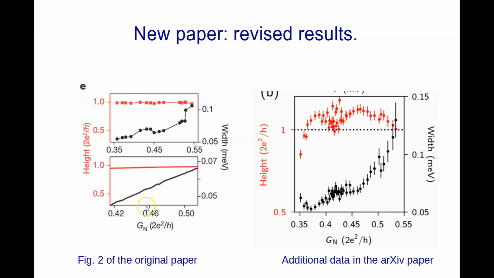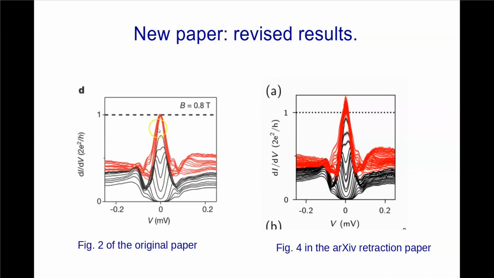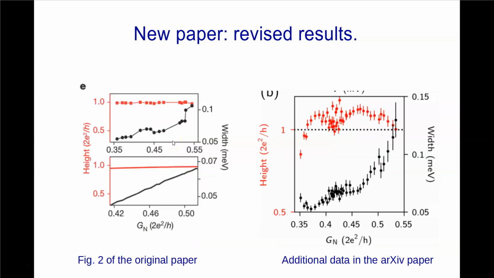Whenever this above gap conductance is around 0.5, not only does the height stay around 1, but the width of the peak in bias voltage also increases. But I think the most telling thing is the height.